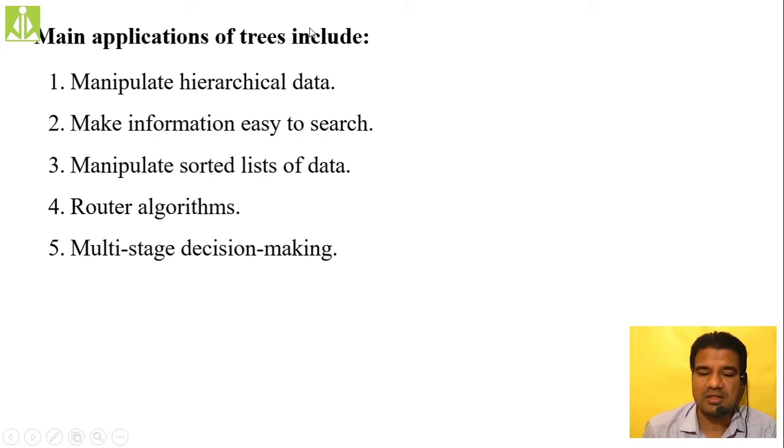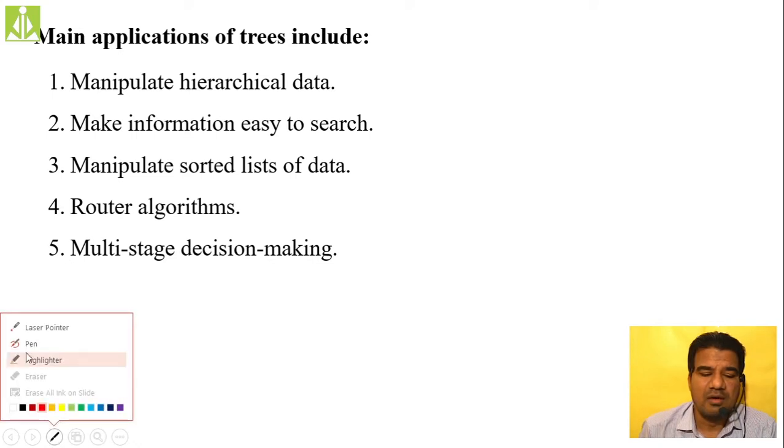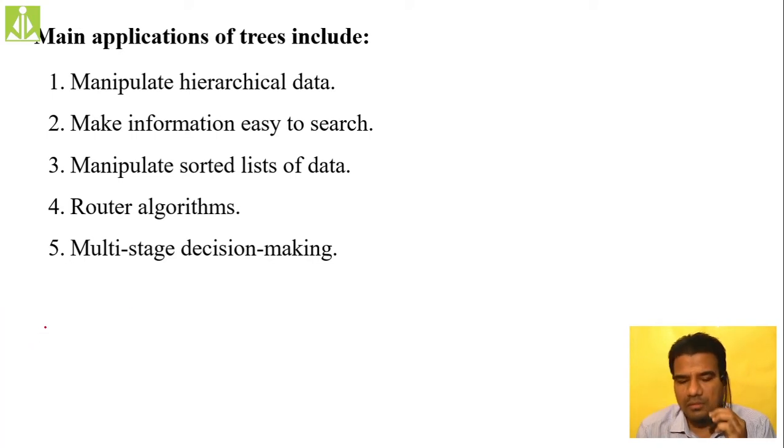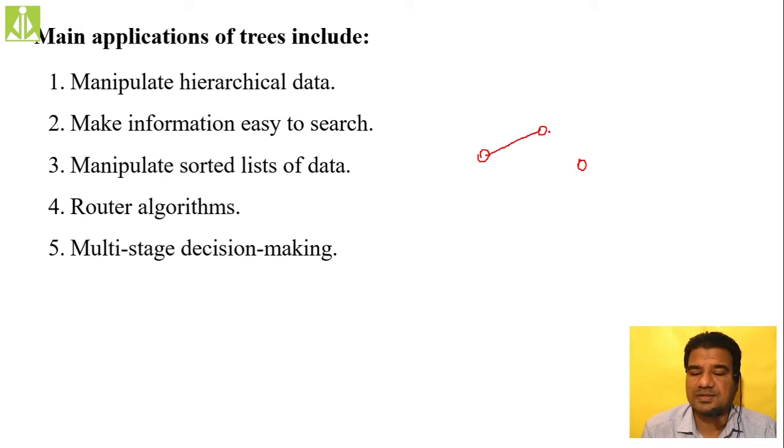So let me take the marker over here. All computers, all active devices in my network, I can take as nodes, and the communication between those nodes as edges, like this. So it is more or less like a tree or like a graph only.